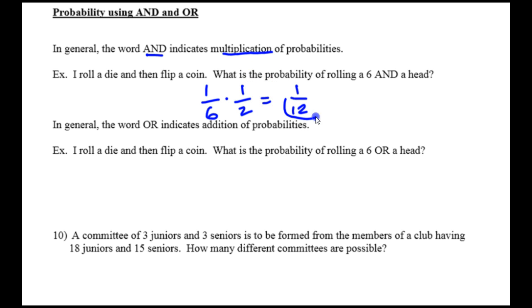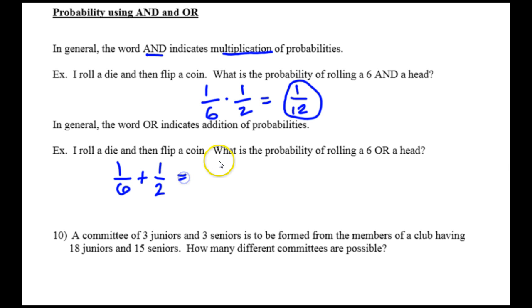Next, say I wanted an or. I'm going to roll a die. Again, 1/6 of the time I'm going to get a 6. If I say to you, okay, I win if I get a 6 or a head, well, we still have the probability of getting a head, which is a half. But if I get either one of these, I've increased my probability, and the way to increase my probability is to add the fractions.